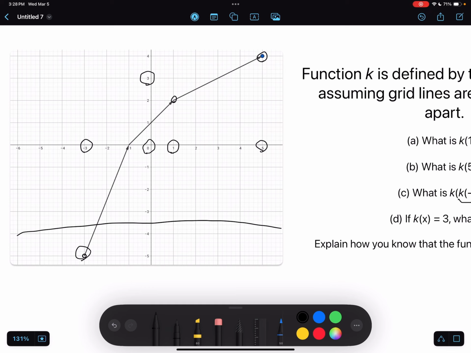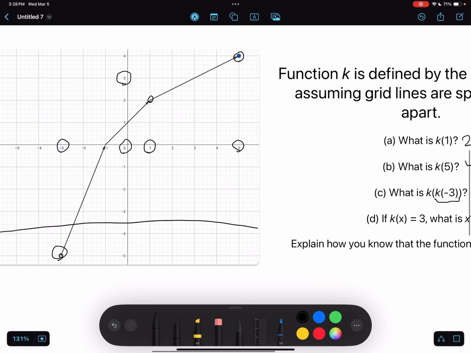If the horizontal line passes through, or intersects, two or more points on the graph of the function, then the function does not have an inverse. This is because if the horizontal line intersected two or more points, the inverse function would have had two or more outputs. And as we know, a function can never have two or more outputs, because then it wouldn't be a function at all.